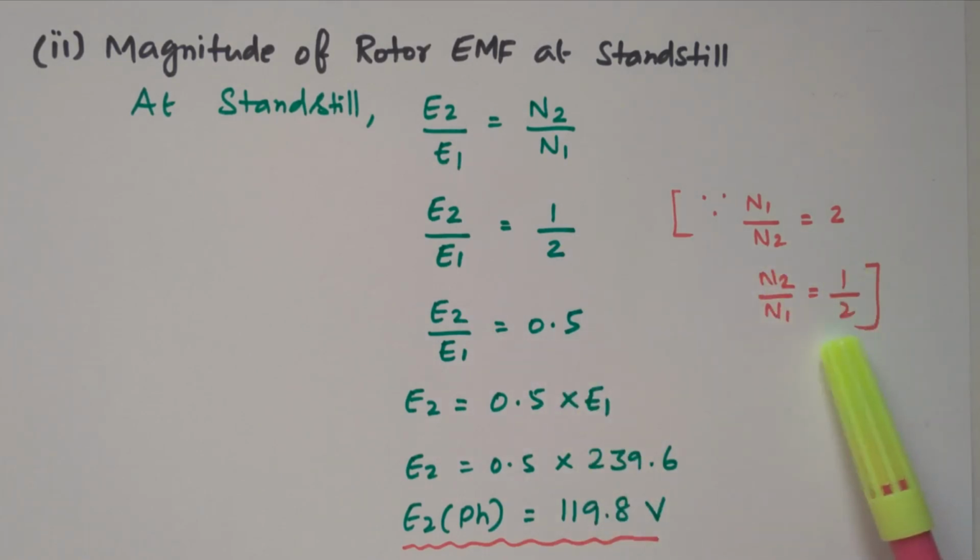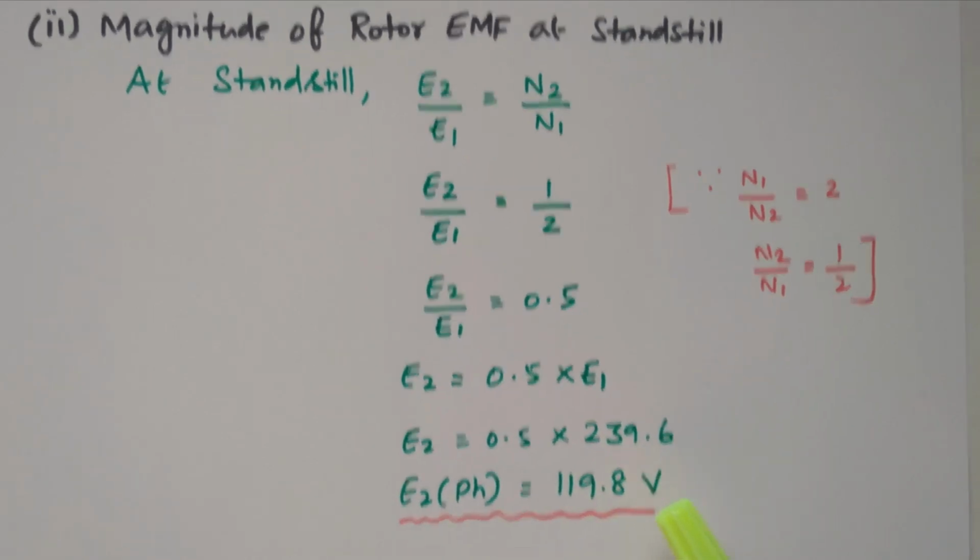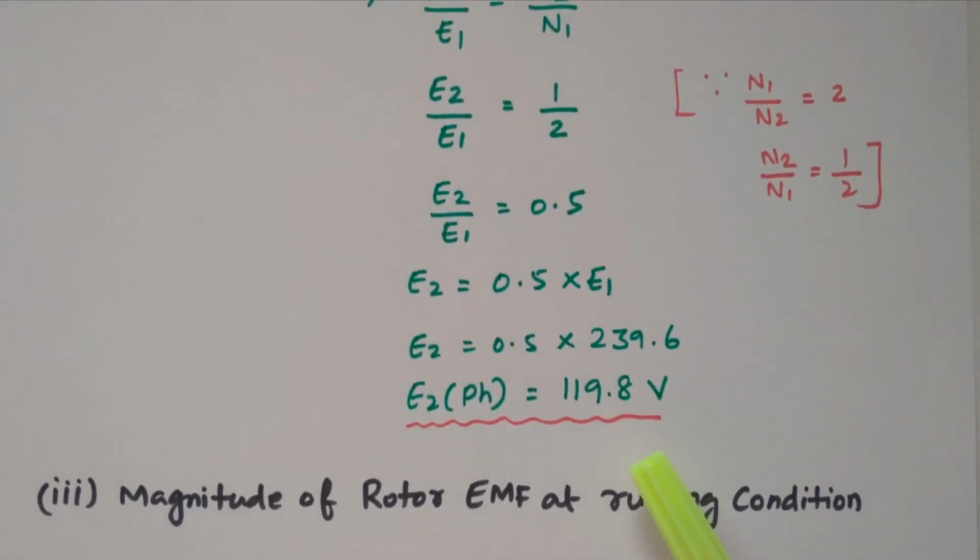Cross multiplying, E2 equal to 0.5 into E1. E1 is already calculated as the phase value, 239.6. The line value was given, and from that we calculated the phase value. So 0.5 into 239.6, by simplifying this, we got 119.8 volts. The magnitude of rotor EMF under the standstill condition is 119.8 volts.